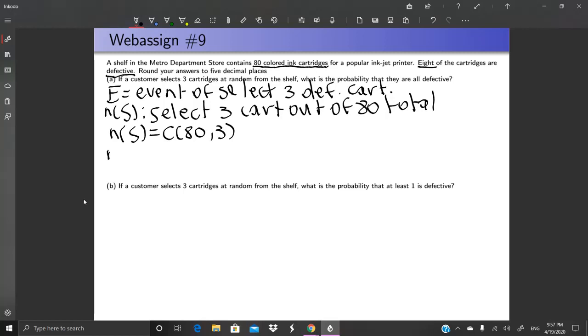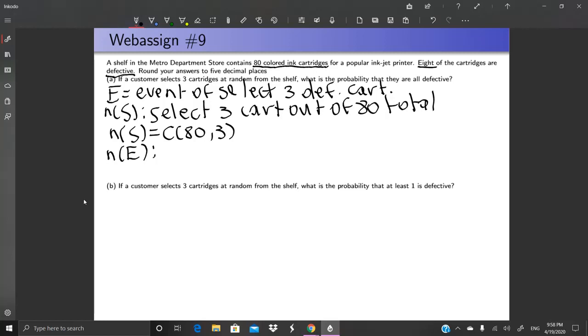Let's find N of E, the number of elements in the set E, or the number of outcomes in E. That's us choosing 3 out of the 8 defective. We know we have 8 defective and we want to choose 3 out of that set.